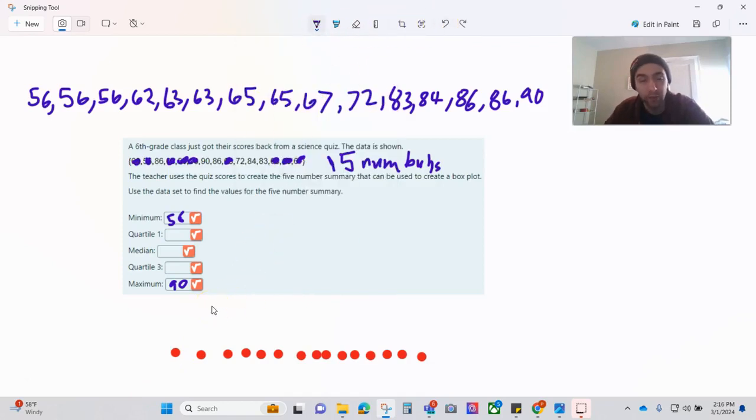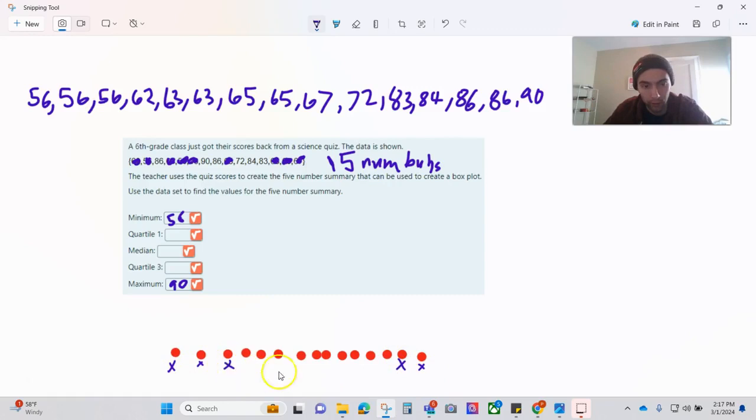If you can't just think what thing's in the middle, I recommend the cross-off strategy, where I line all my stuff up, cross one thing off on each side until I meet in the middle.